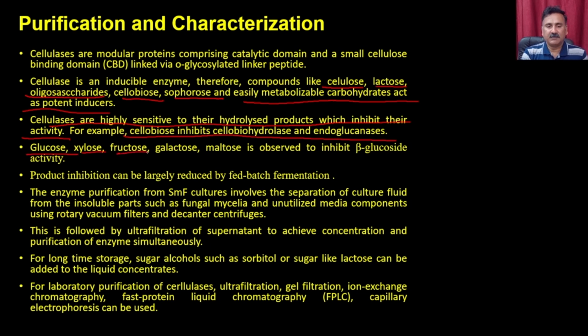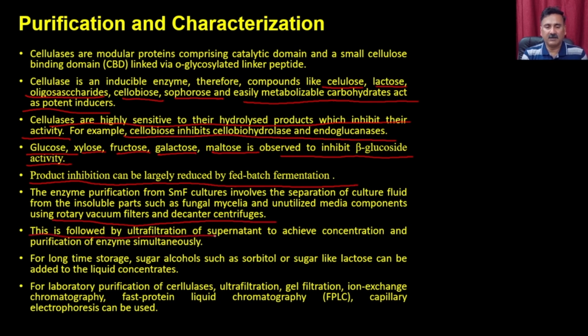Glucose, xylose, fructose, galactose, and maltose are observed to inhibit the beta-glucosidase activity. Product inhibition can be largely reduced by fed batch fermentations. The enzyme purification from the submerged culture involves the separation of culture fluid from insoluble parts such as fungal mycelium and media components using rotary vacuum filter and decanter centrifugation.